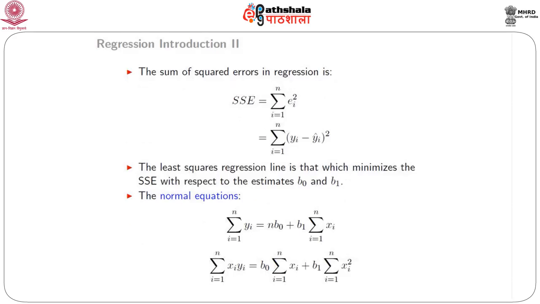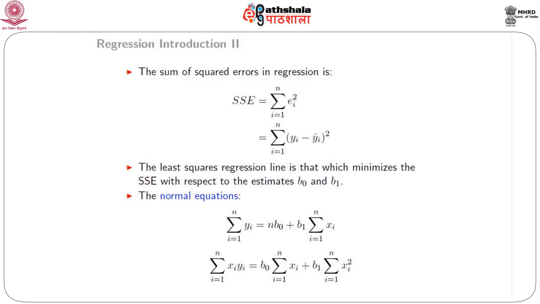Now, in order to obtain the estimates of the parameters, the method that we will see here is the method of minimizing the sum of square of errors. The sum of square of error for the regression model is given by the sum over i equals 1 to n of e i square, or epsilon i square, as we may denote the error term, where the error term is given by y i minus y i hat.